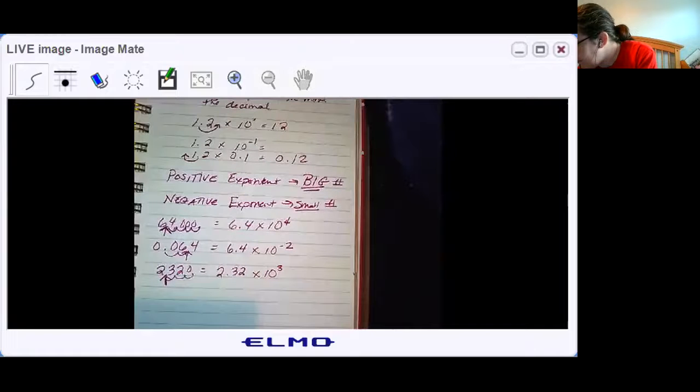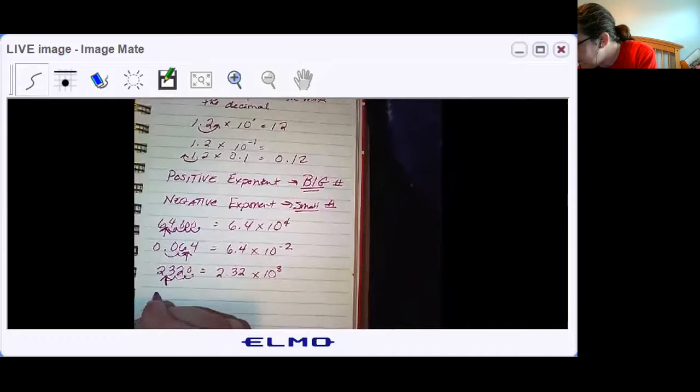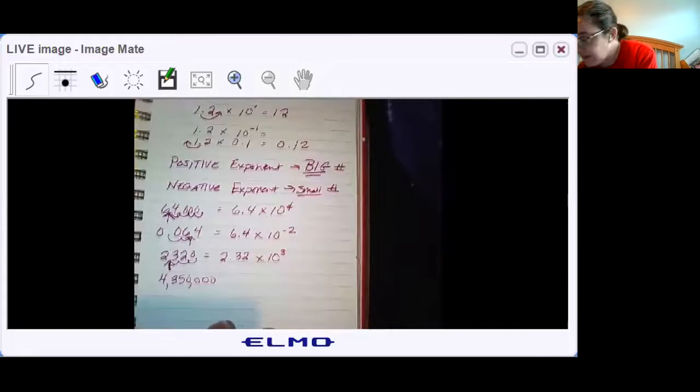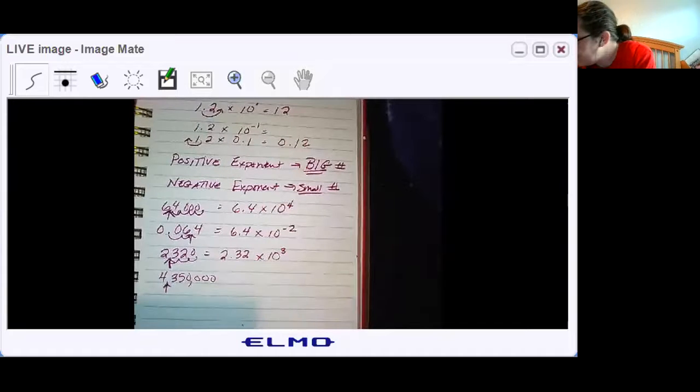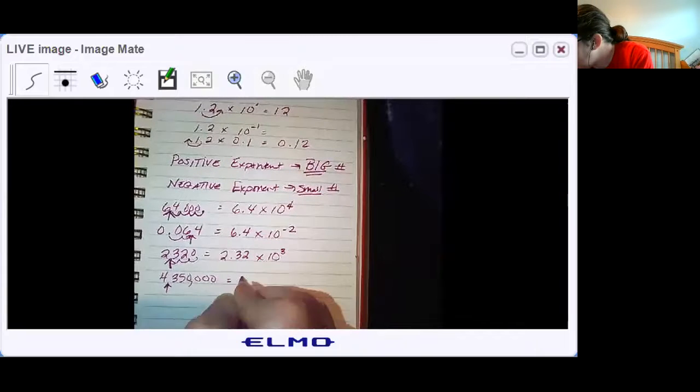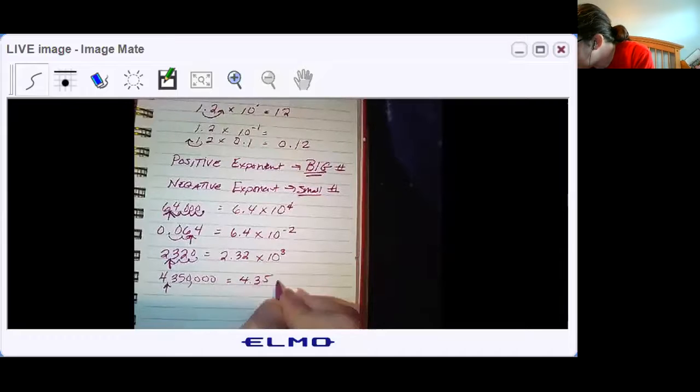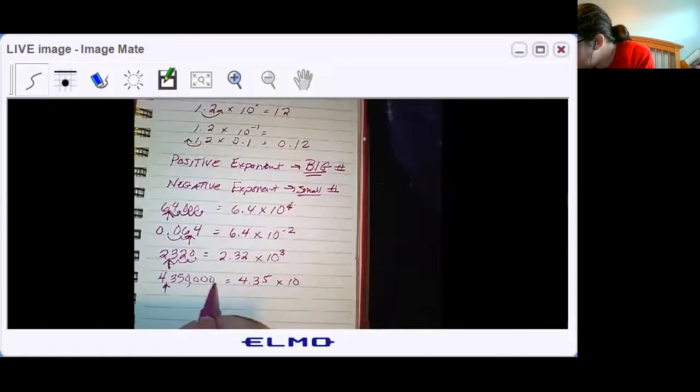If I have 4,350,000, where does my decimal go? That doesn't change anything. It still goes right here between the first two numbers. So this becomes 4.35 times 10 to the... let me count that. 1, 2, 3, 4, 5. I moved it 6 places.